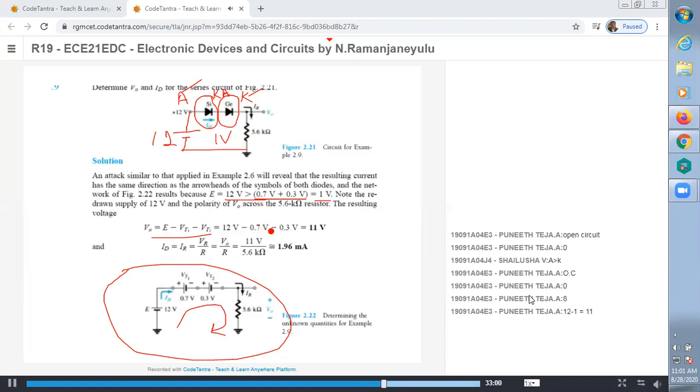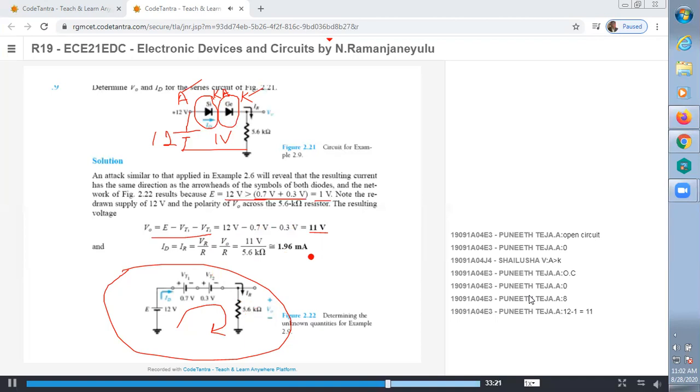So 12 minus 0.7 minus 0.3, that is equal to 11 volts. Once you know V0, then IR or ID is equal to V0 by R, that is 11 volts by 5.6 K.